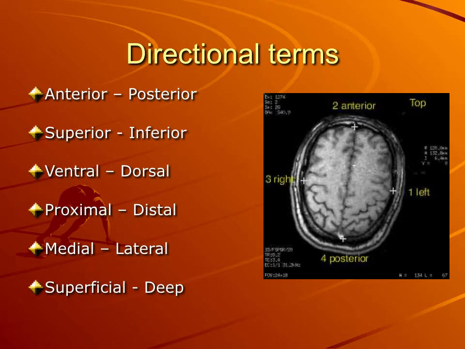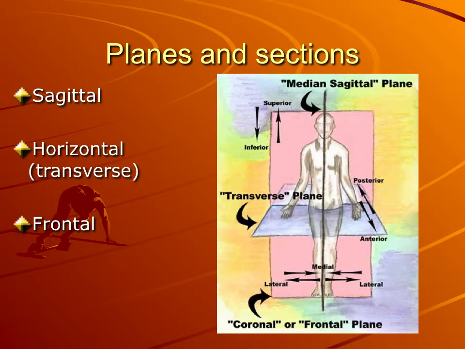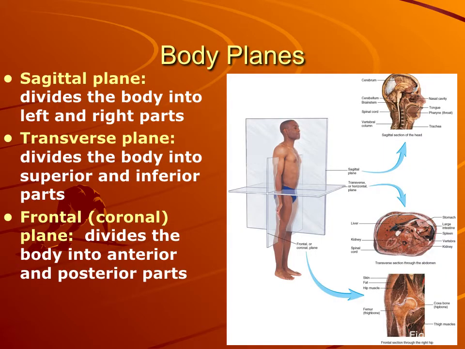When we do imaging, we often see things as a section or a plane that's passing through the body. And so we have the sagittal section that divides the body into left and right halves, if it's midsagittal or median sagittal, a horizontal plane, which would divide the body into superior and inferior, and the frontal plane, which divides the body into anterior and posterior parts. These planes, again, refer to anatomical position.